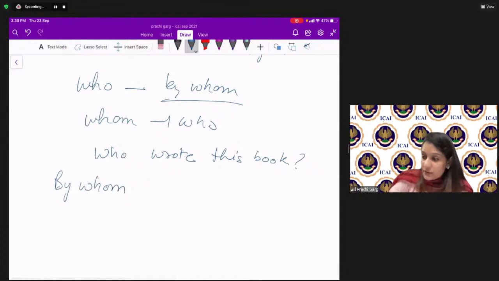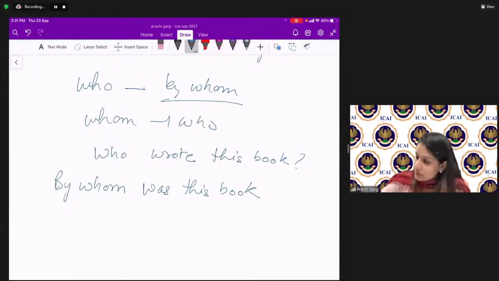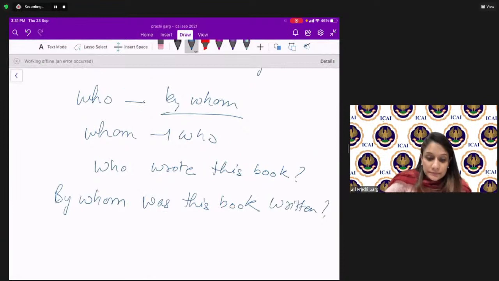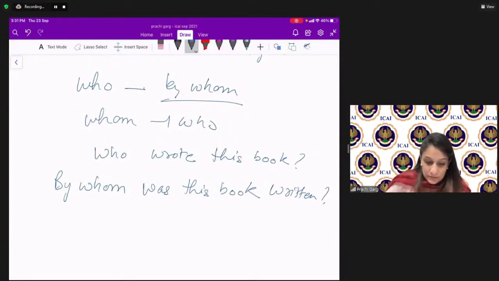In this case, we will use was because this is simple past. By whom was, then comes the subject, and then comes the third form of the verb. Clear? Because in this question, there is no doer, so there won't be any agent in the sentence either.